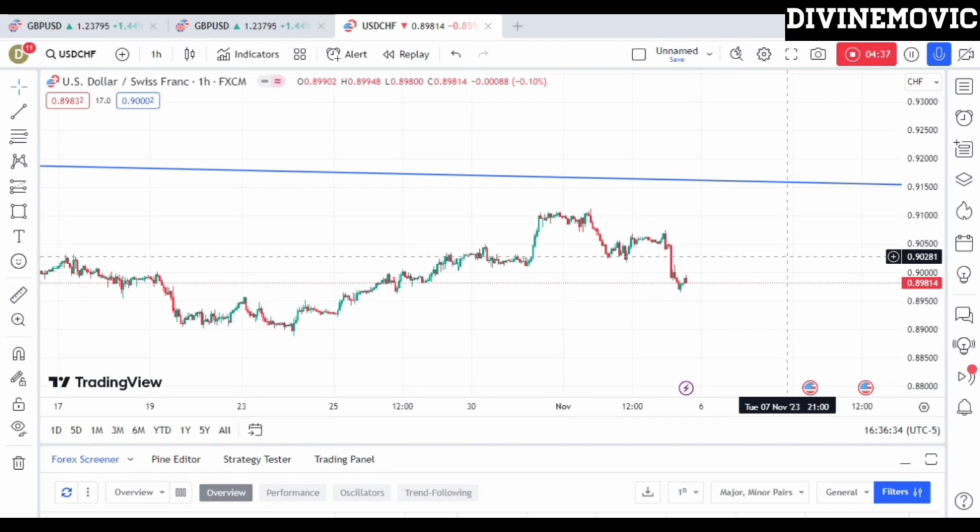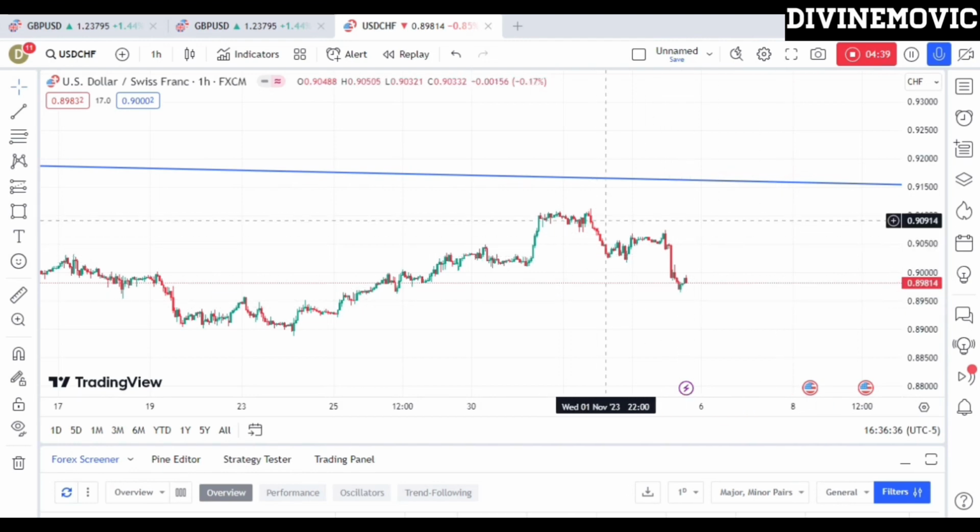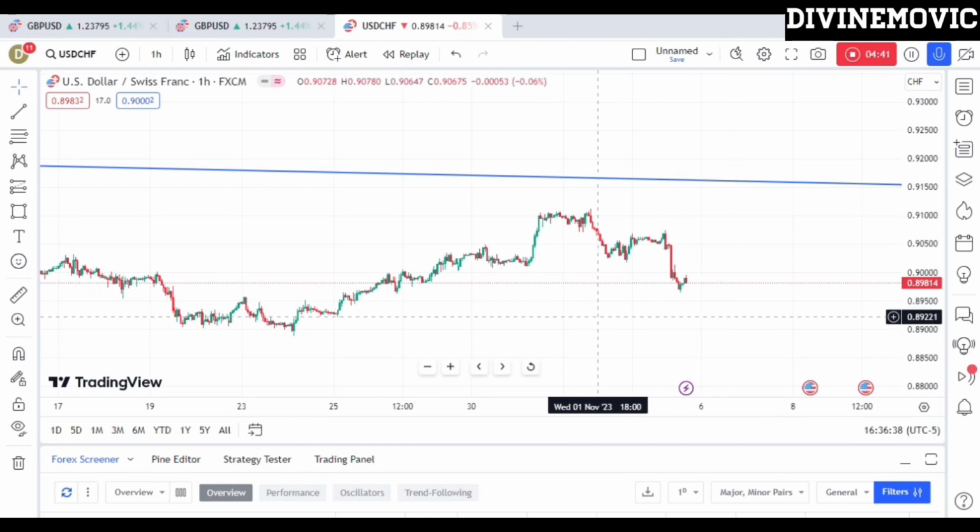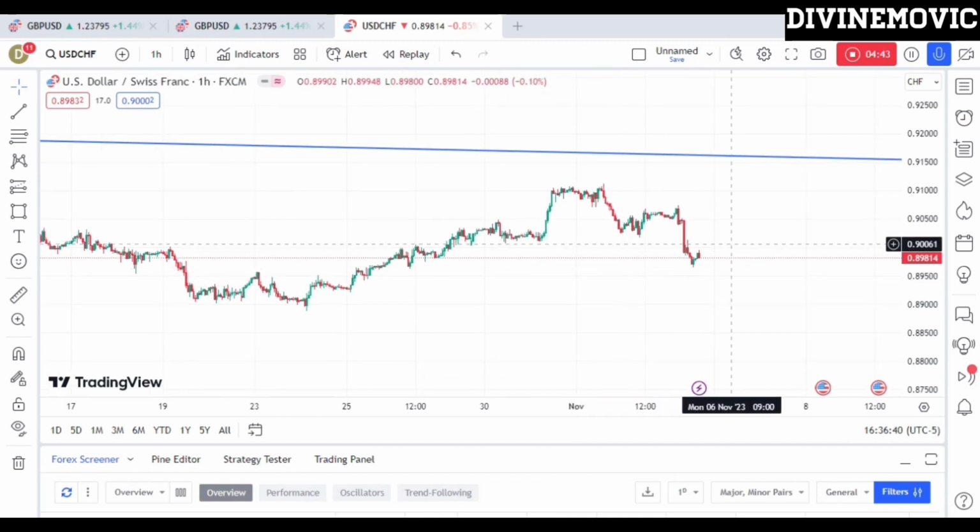Now how do I start from here? I'll study the current price action to see if I can identify my rally base drop or my drop base drop. For you to be able to identify this type of supply zone, you need to pay attention to where there are large candles that represent our rally.